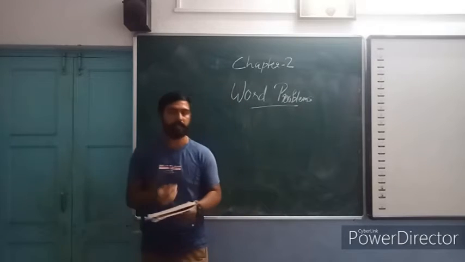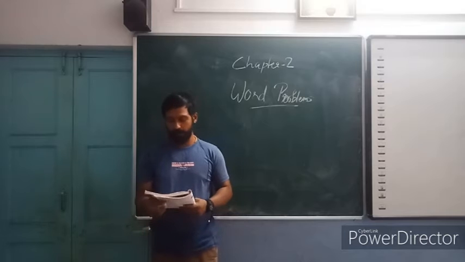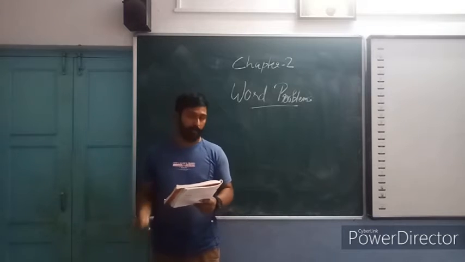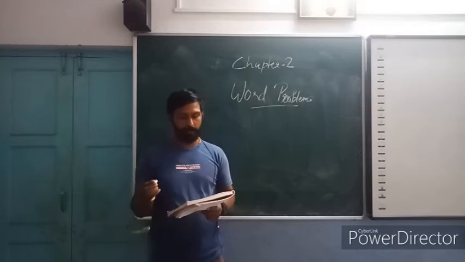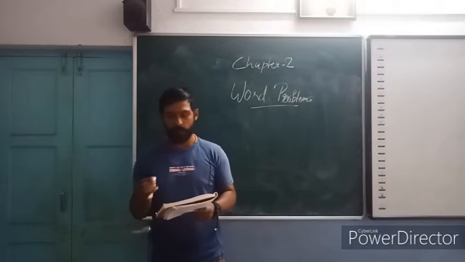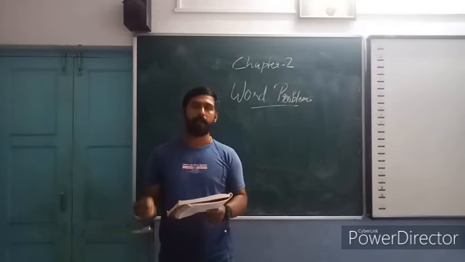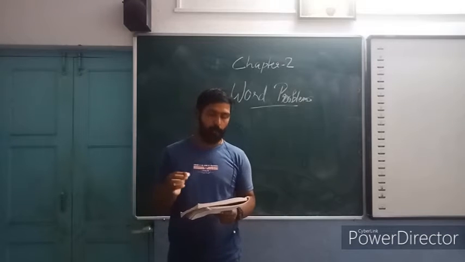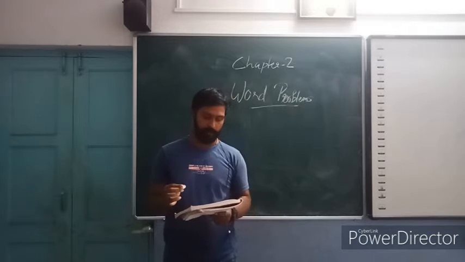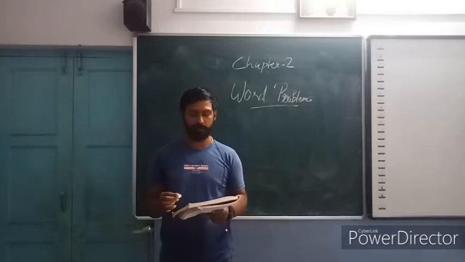For example, let us take a question from our textbook itself. It is given on page number 37. I will read it for you. In a given year, the population of Bahamas was 2,76,000. The population of Barbados was 2,64,000 and Seychelles was 72,000.